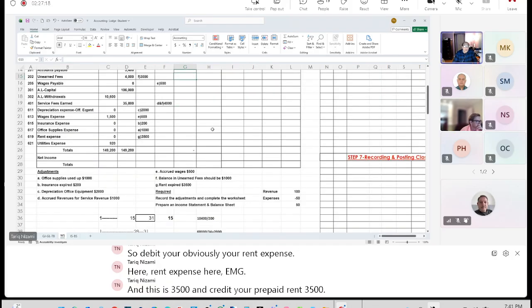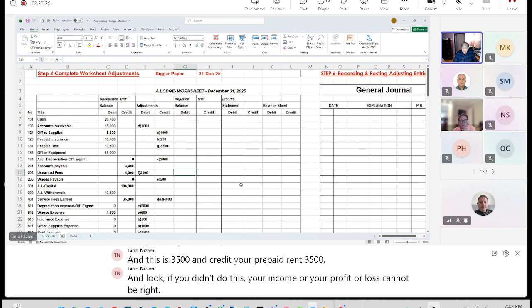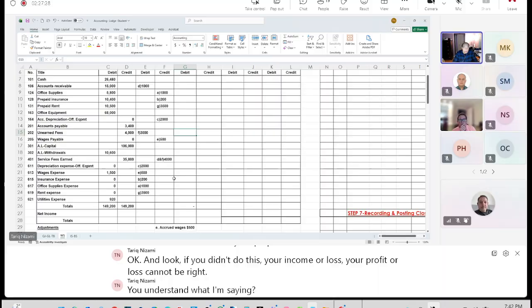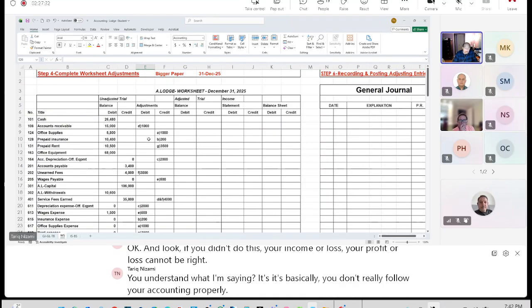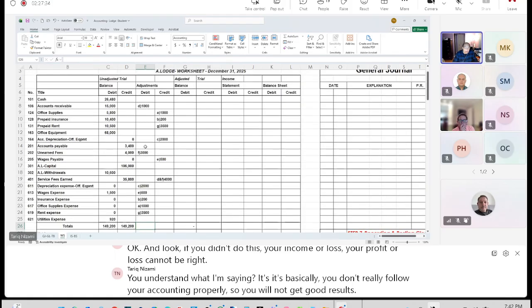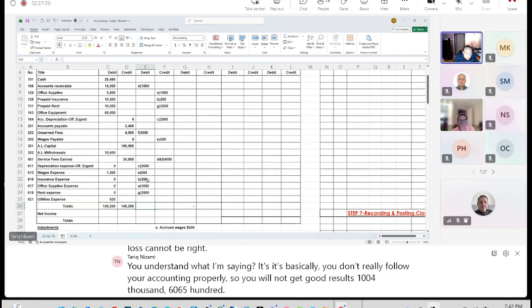And look, if you didn't do this, your profit or loss cannot be right. You understand what I'm saying? You don't really follow your accounting properly, so you will not get the good results. 1,000, 4,000, 6,000, 6,500, 6,700, 7,700, and this is going to be 10,000, 11,200.